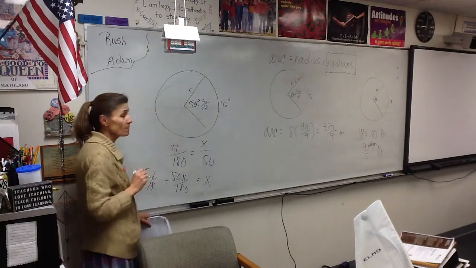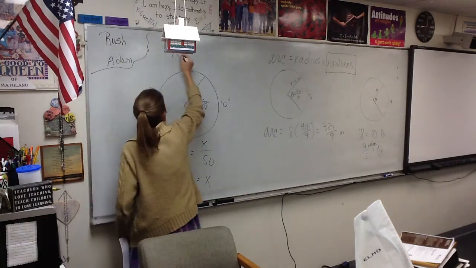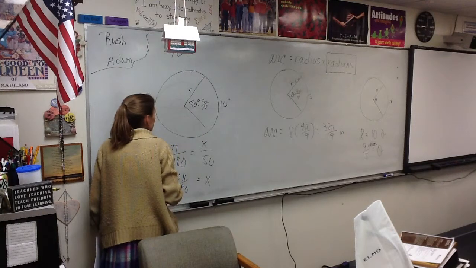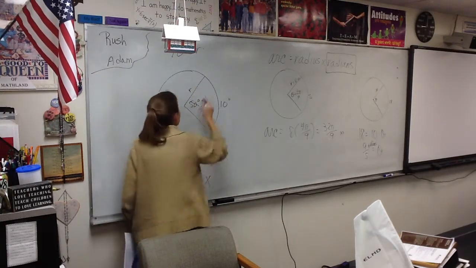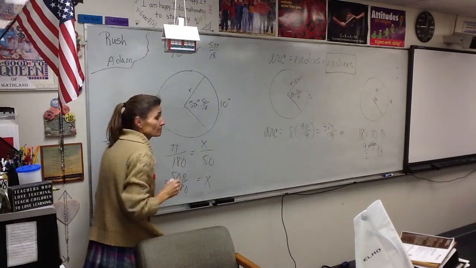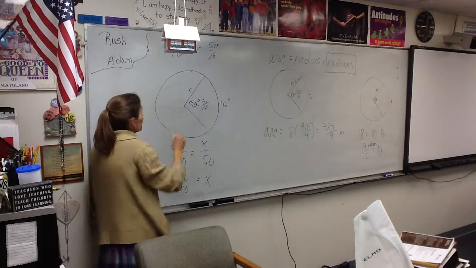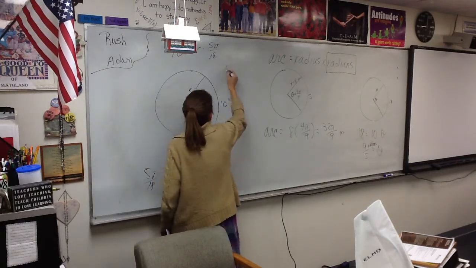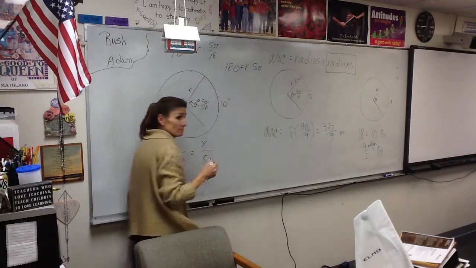Now can I use my formula? So 10, the arc length, equals radius, which is r, times radians, which is 5 pi over 18. So I'm going to multiply by 18, so I have 180 equals r times 5 pi.